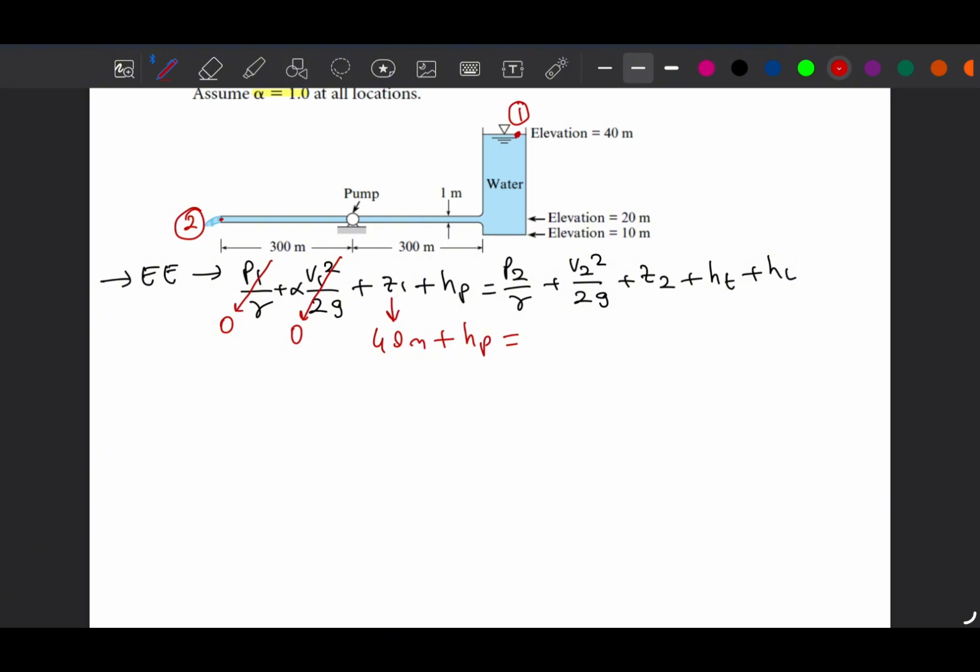So P2 is also 0, and we will have V2 squared over 2g, and Z2 is 20. We don't have a turbine, and we have head loss, which is 7 velocity head.